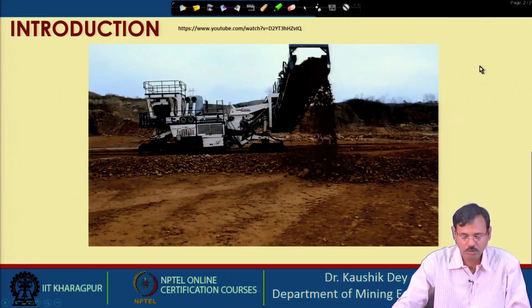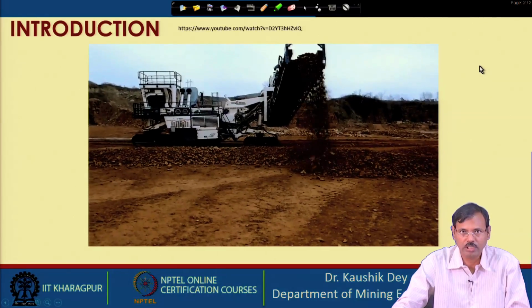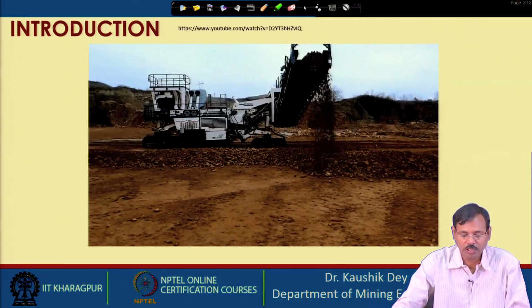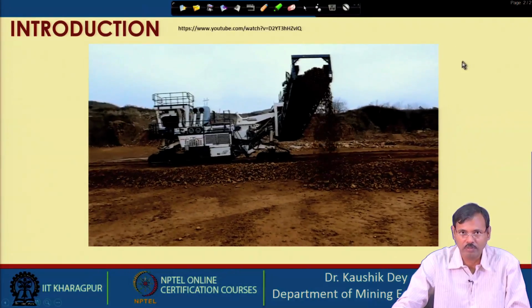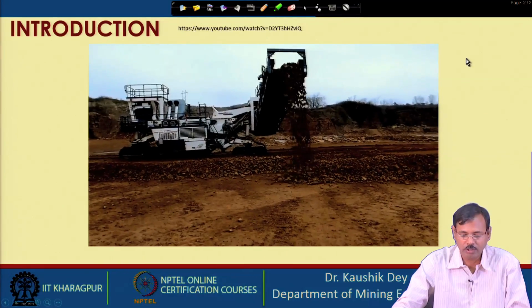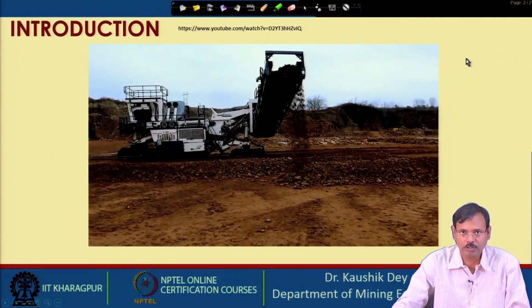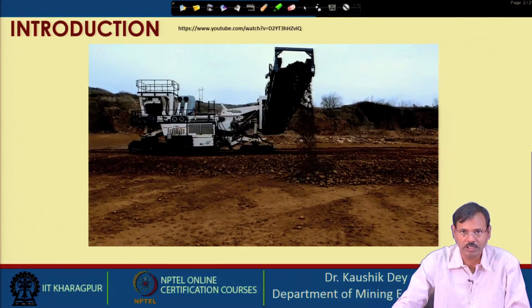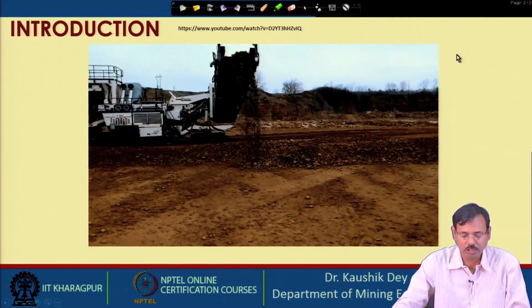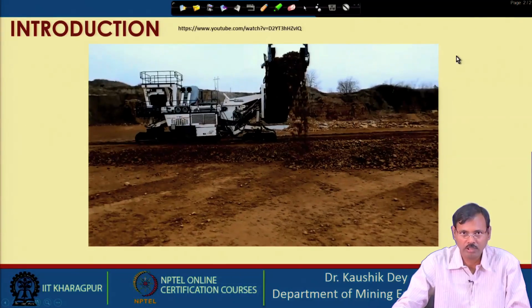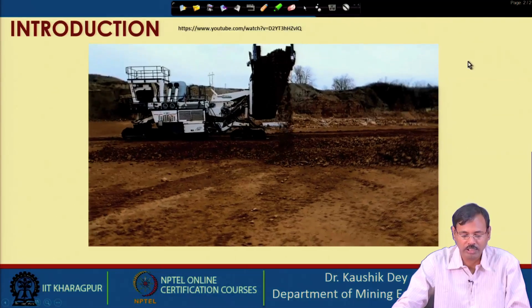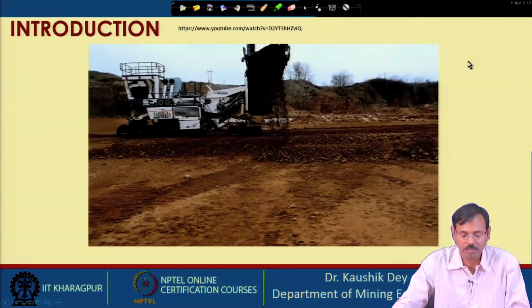If you look in retrospect into the history of this surface miner excavation system, surface miner basically evolved from the 1970s onward, and it was developed from the concept of the road milling machine. So, its actual origination was for civil work, but later on the mining sector found that it has significant applicability.